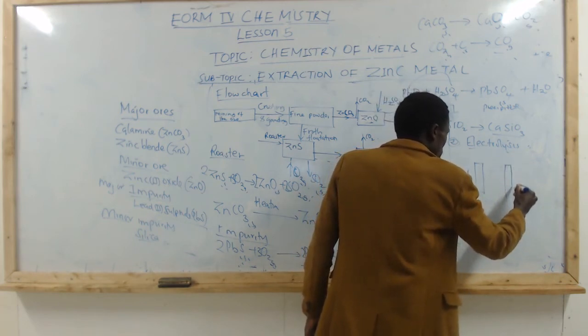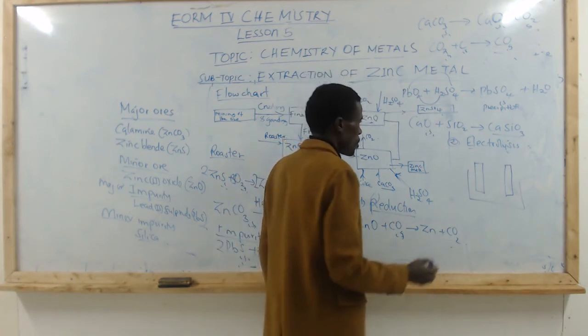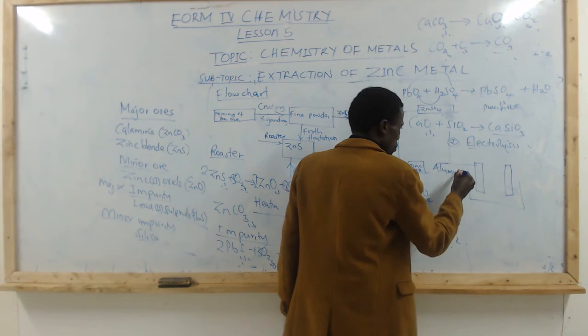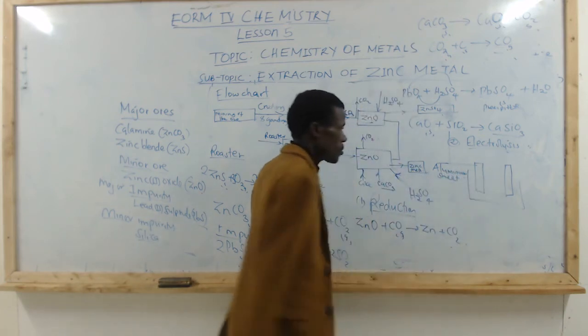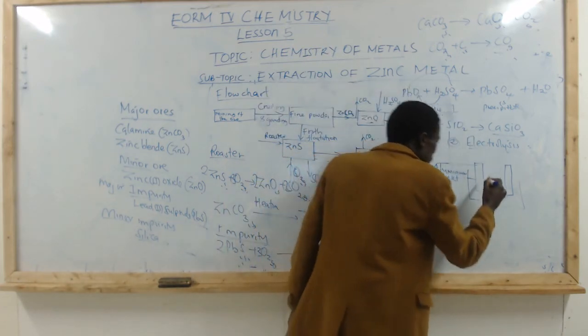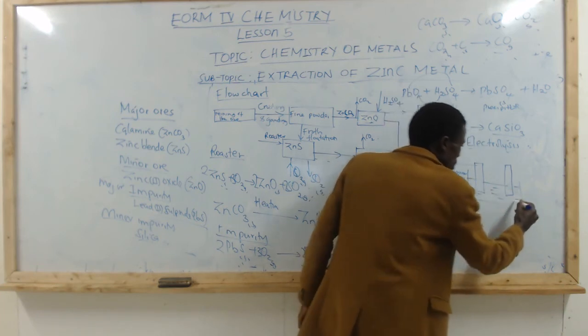The electrolytic cell in this case is very unique because the anode is made of aluminum sheet. And you put the zinc sulfate in the electrolytic container.